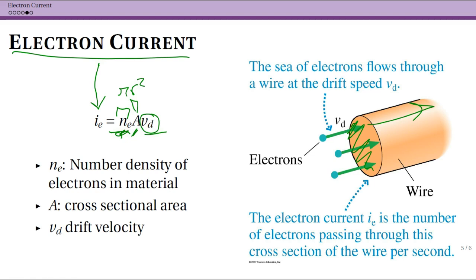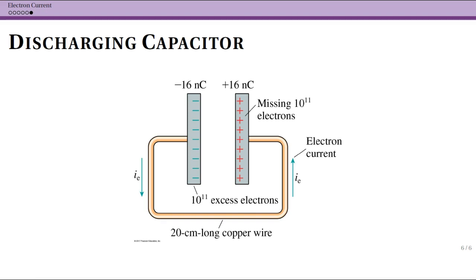So eventually we're going to relate this back to normal current, but let's think about microscopically why this is happening, what's going on. The cause is going to be, for instance, discharging a capacitor. So our capacitor is going to start with equal but opposite sign charge on each electrode, and we know that our electrons are going to be able to move.